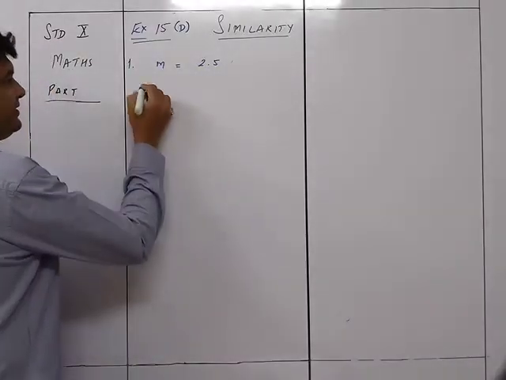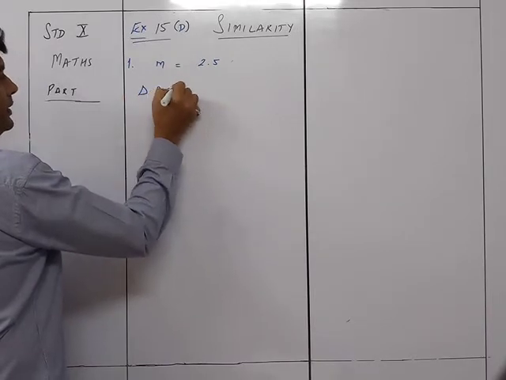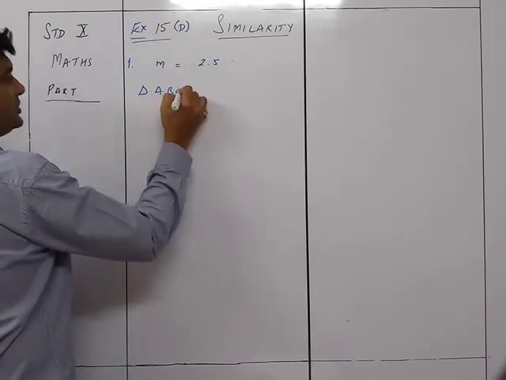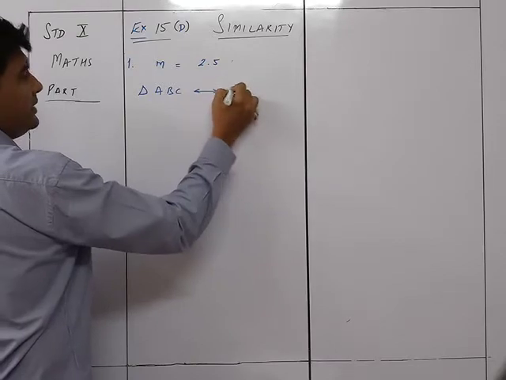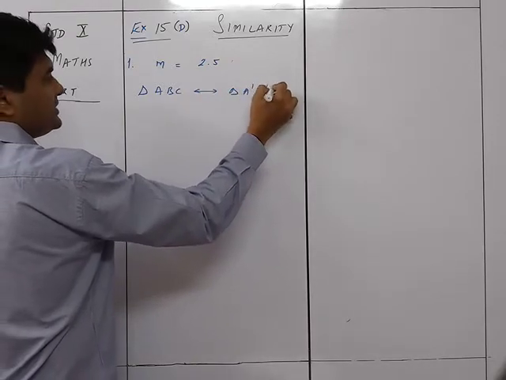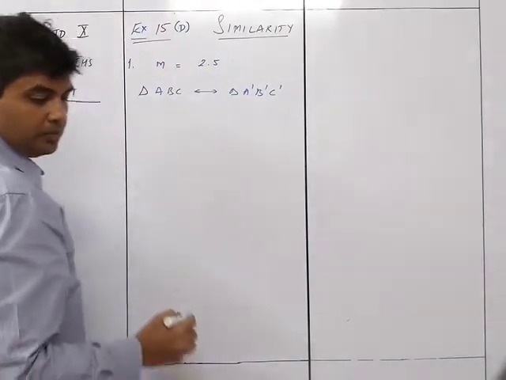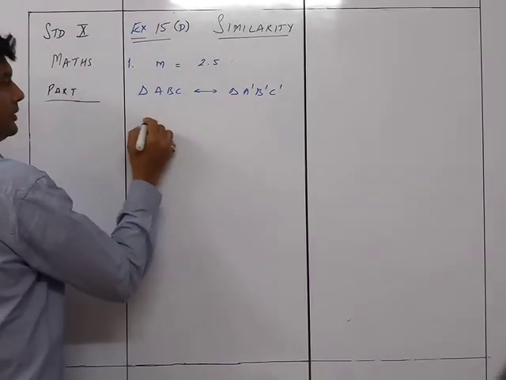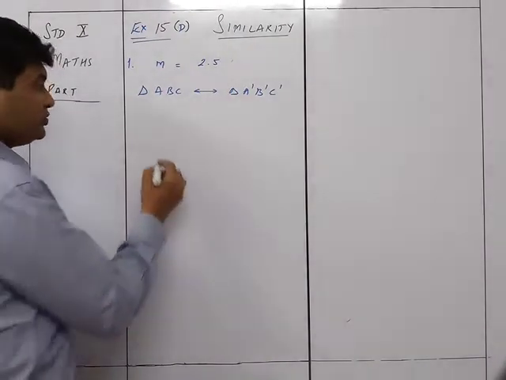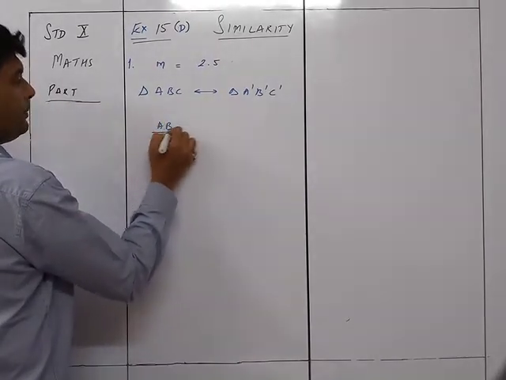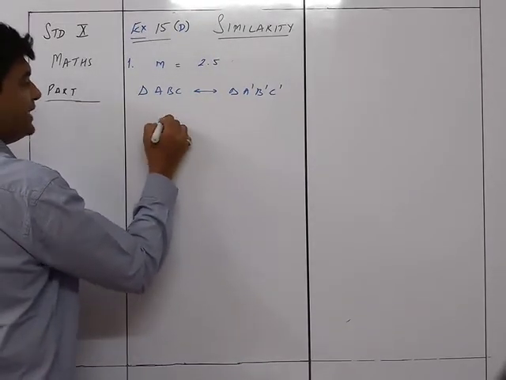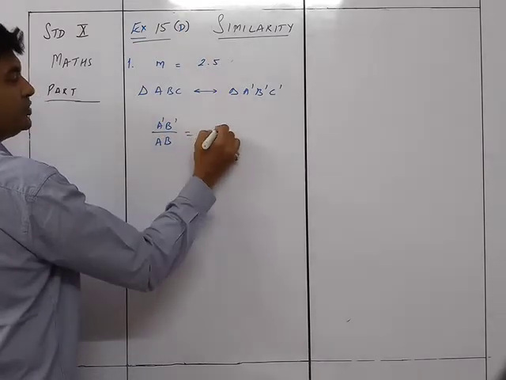So triangle ABC is enlarged to triangle A dash B dash C dash. So we know that it is in the same ratio, so A dash B dash upon AB is equal to m.